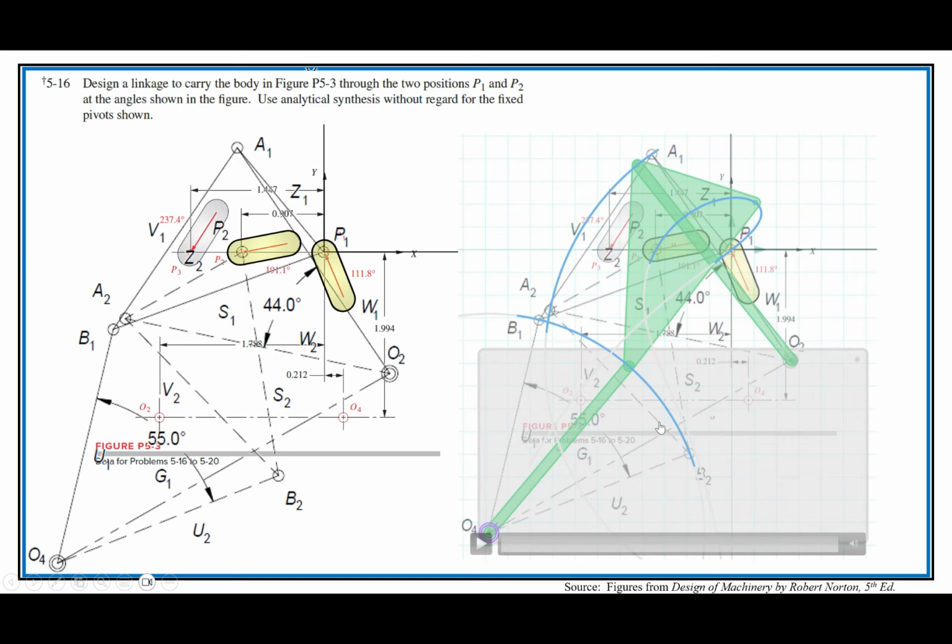How is a student supposed to know that you should use what I believe is the 55 and 44 in the book, those values that you're supposed to choose, or you're supposed to know? Not sure how a student was supposed to figure that out based on what was provided.